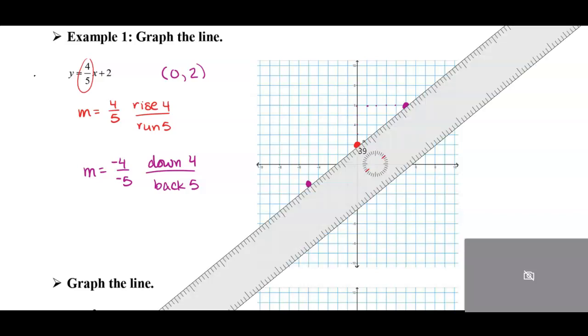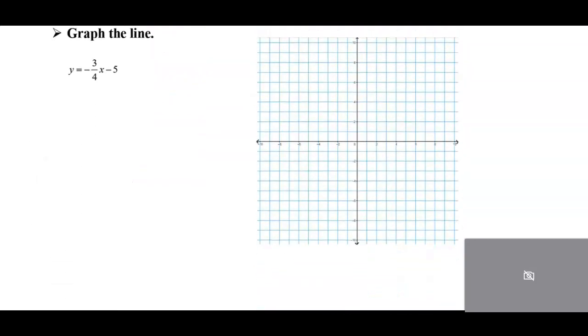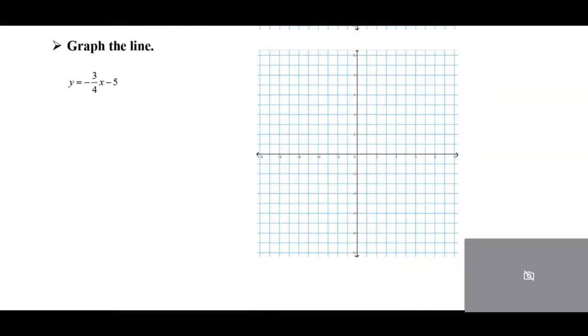Then we can get our ruler back and draw our line, and it ends up being the same exact line. Now let's practice that some more. In this situation, we have -3/4 x minus 5. So I'm going to say my slope is -3/4. My advice is to decide which of those numbers you want to put the negative sign on.